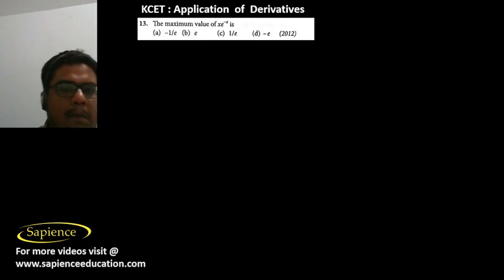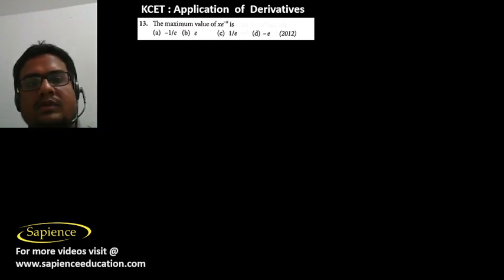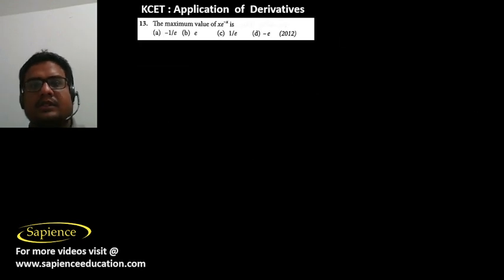Then question number 13. It is told maximum value of x into e power minus x. Let's suppose that y is equal to x e power minus x.